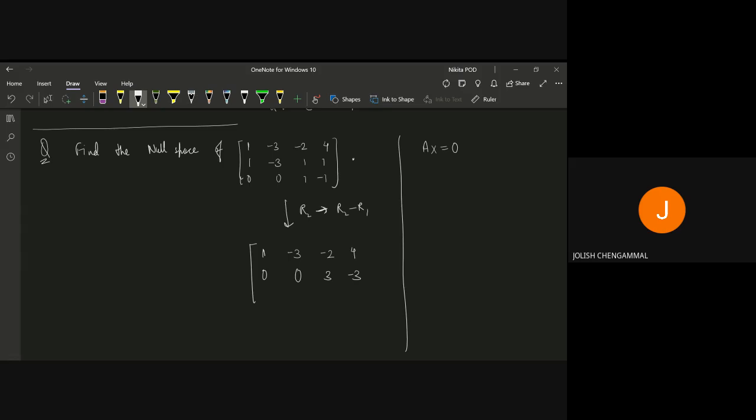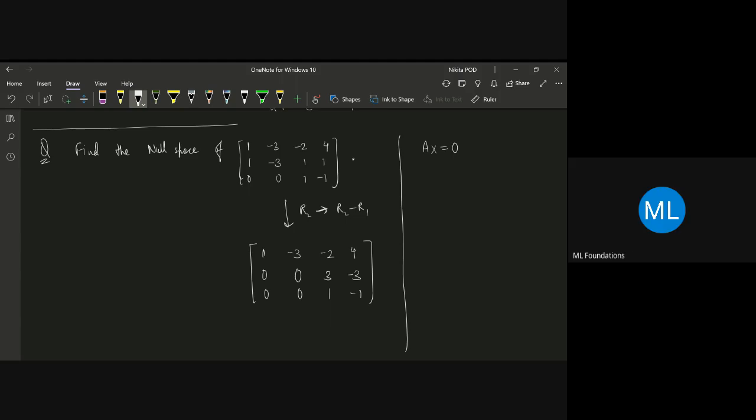One general question, ma'am. If we are given one matrix, the maximum dimension we can have for the matrix is the number of columns, right? The number of columns of A determines the dimension of the null space.